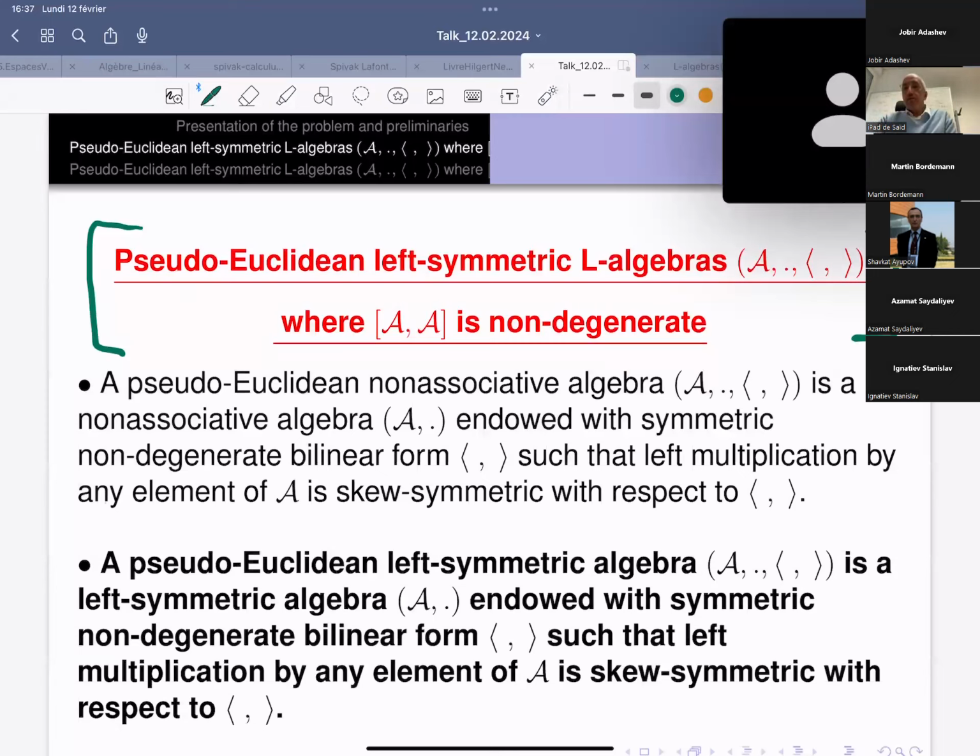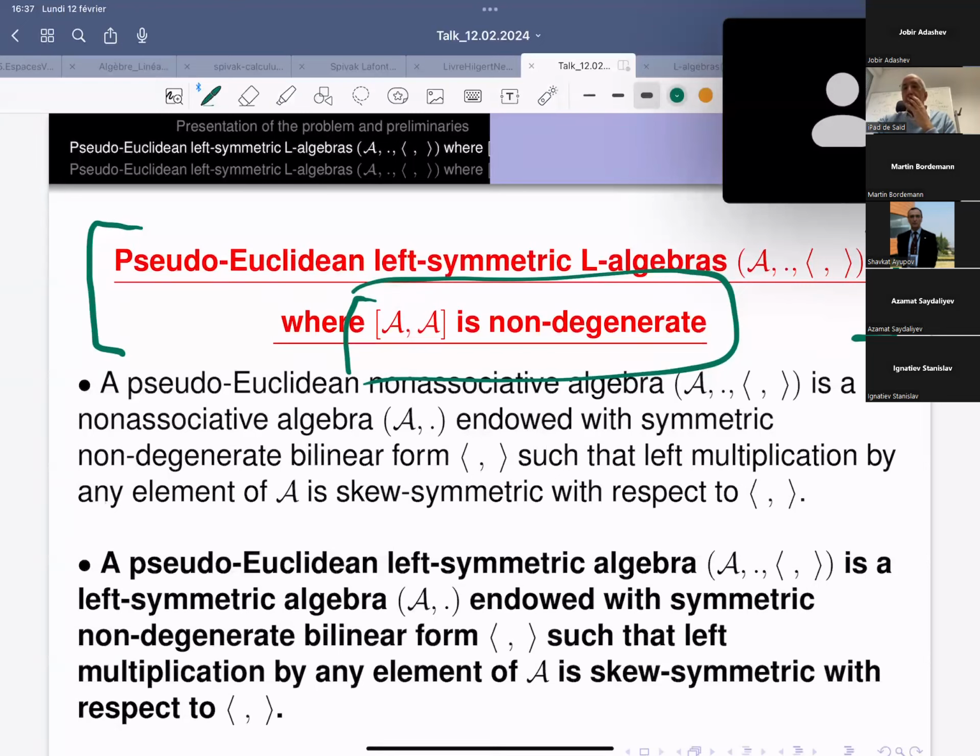We have this condition here. I recall the definition. A pseudo-Euclidean non-associative algebra is a non-associative algebra endowed with a symmetric non-degenerate bilinear form, such that left multiplication by any element of A is skew-symmetric.